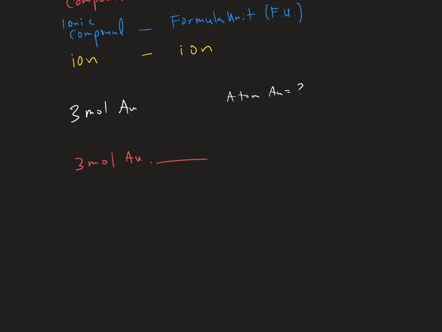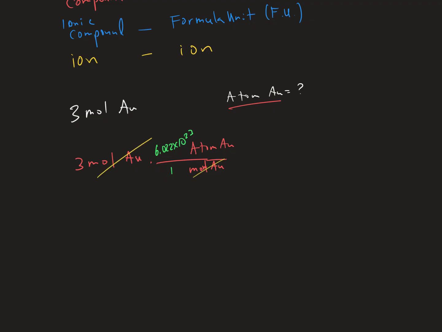Do we want moles in our answer? No, so where does it go? Yeah, we've done this, right? So moles of gold on bottom. And what are we looking for? Atoms of gold. So 1 mole of gold equals 6.022 times 10 to the 23 gold atoms.